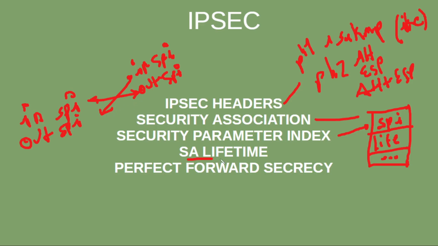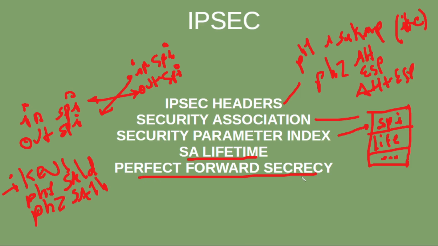We talked about the lifetime. We saw that for IKE version 1, for phase 1, the lifetime for the security association is 1 day, and for phase 2, the lifetime for the security association is 1 hour.